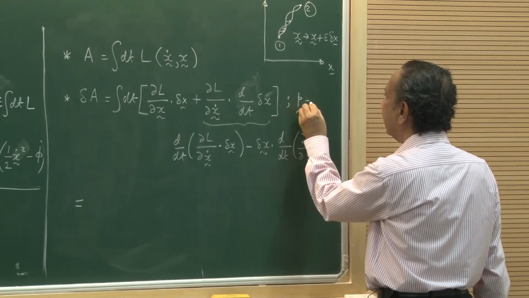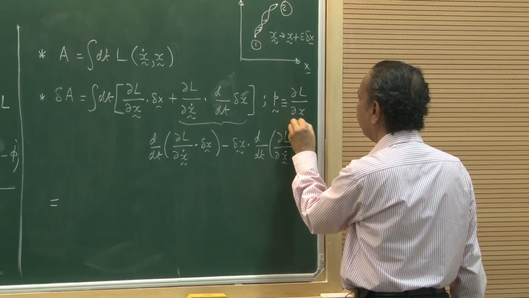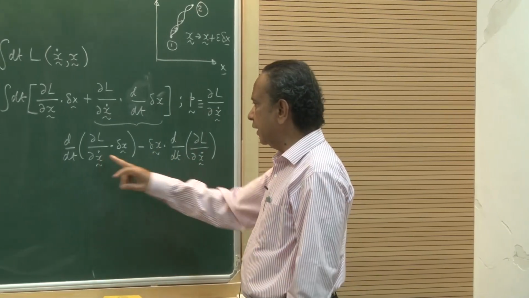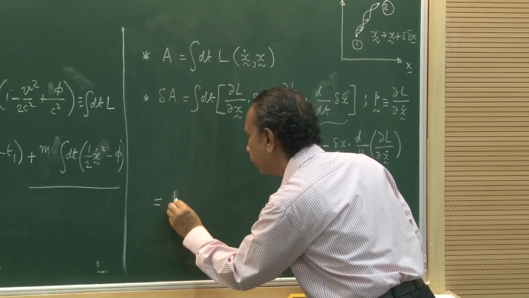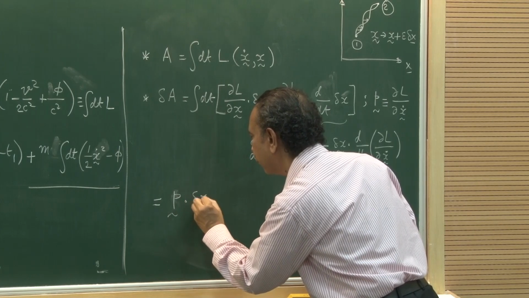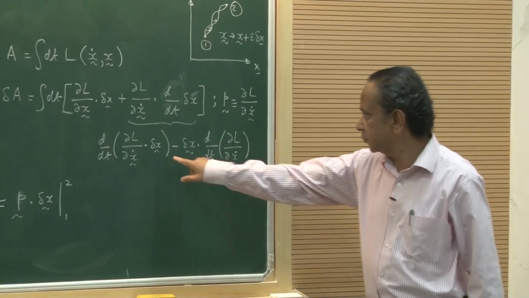I will call P the quantity dl by dx dot. It is just a definition. So, what you will get is this quantity is just P. So, you get P dotted with delta x evaluated at the endpoints 1 and 2, that comes from this.